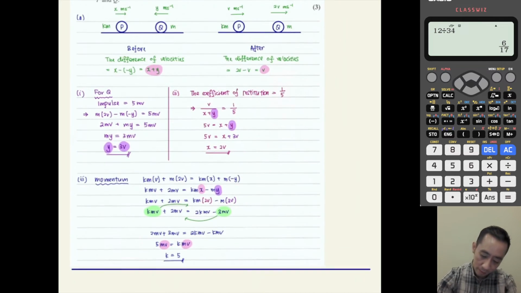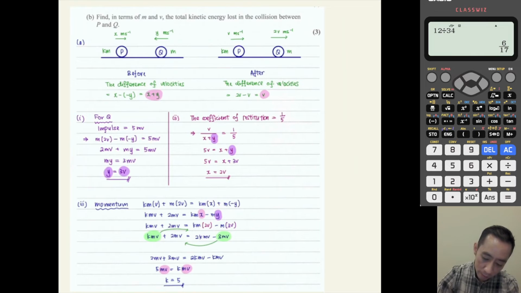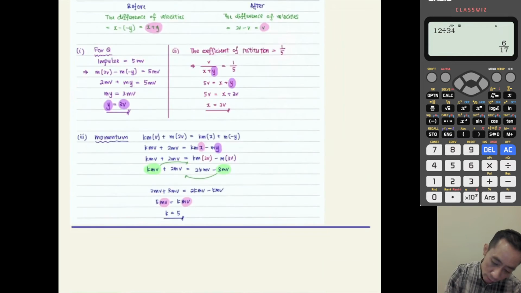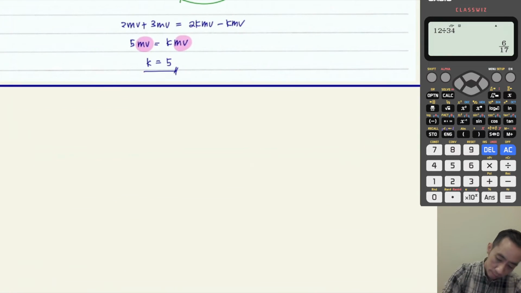So how do I find the kinetic energy loss? I will take before minus after, because loss means initially, before, you have more. So for B, the total, instead of writing long like that, I write before and after, and calculate first.